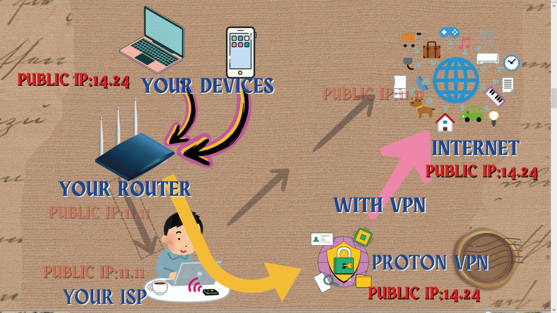And from the VPN server, you connect to the internet. The devices on the internet will see the new public IP given by the Proton server in this case. There is encryption between your device and the Proton VPN server, so nobody in between can know what you are doing, even your own ISP. At Proton VPN, that's where decrypting happens, and your request is sent to the internet.